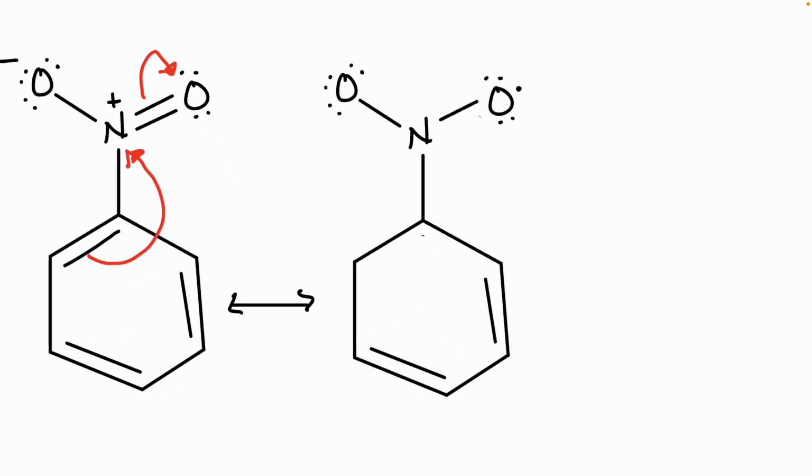So my oxygen, now I have to add that pair of electrons and that negative charge. My nitrogen now has that extra bond with carbon in the ring, so it still keeps its positive formal charge. And then what am I missing? Yeah, which one? The one that got the pair of electrons taken from it, right? Okay, so now we can just play this game where we bounce this positive charge around this ring using resonance. So another resonance contributor I can draw with that pair of electrons moving over.